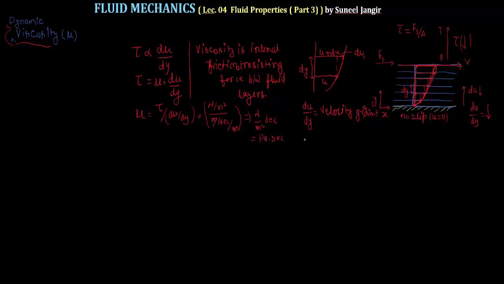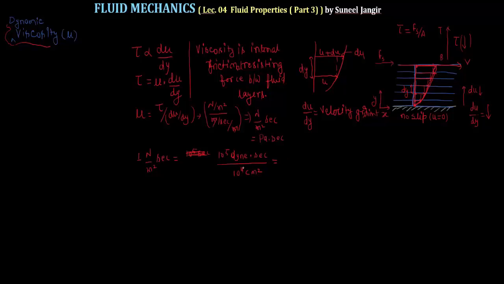Alright, now in another form of units, let me define it in the CGS system. 1 Newton per meter square second, where 1 Newton is equal to 10 to the power 5 dyne into second, and in CGS the meter will be centimeter, so this is 10 to the power 4 centimeter square.